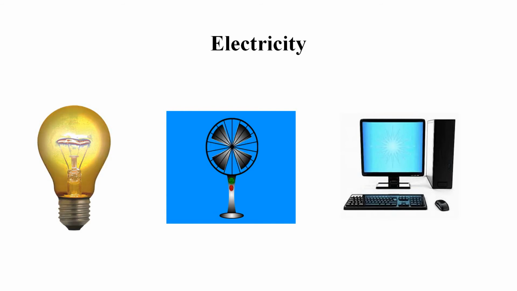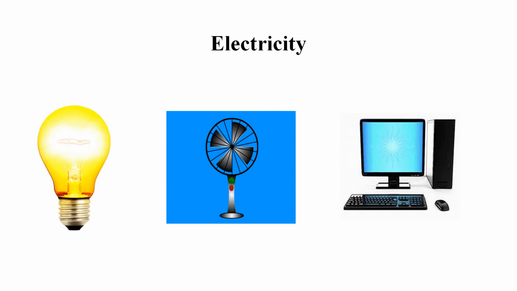Students, electricity plays an important role in our daily life. Life without electricity cannot be imagined. Most of the modern appliances run on electricity. Electricity lights our home, streets, roads, markets, offices, factories, whether it is day or night.